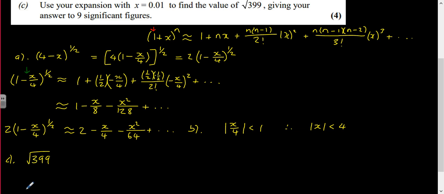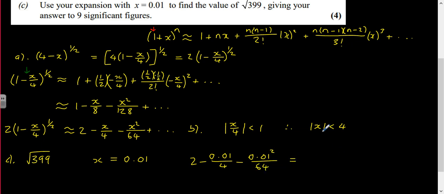Now, we're being told specifically that we need to use x equals 0.01. And so the first thing that springs to mind is we could put x equals 0.01 into our expansion, right? That seems to be what the question's asking us to do. So if I substitute x equals 0.01 into my expansion, I get 2 minus 0.01 over 4 minus 0.01 squared over 64.